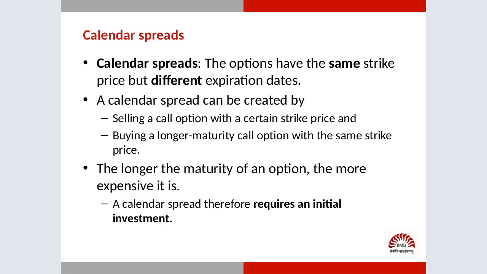One of the things that we did was, we said that the only two things you can change around are X and T, strike price and time to maturity.